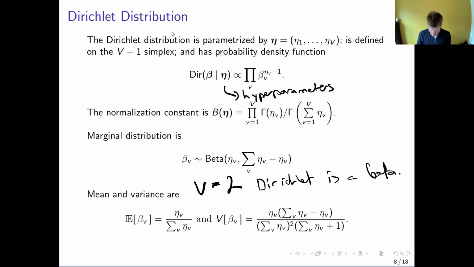The means and the variances of the Dirichlet are given by these formulas. Basically, the mean of the v-th random variable is the hyperparameter assigned to that dimension divided by the sum over all the hyperparameters.